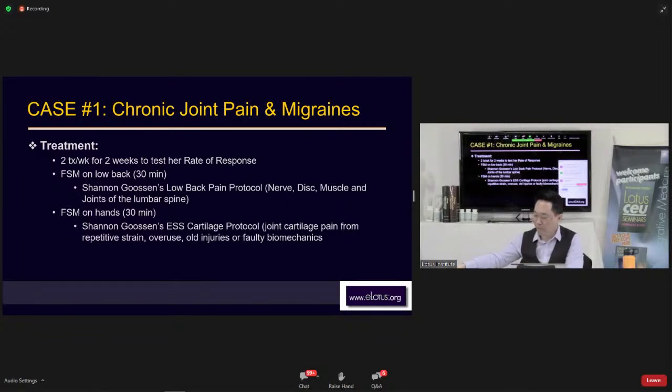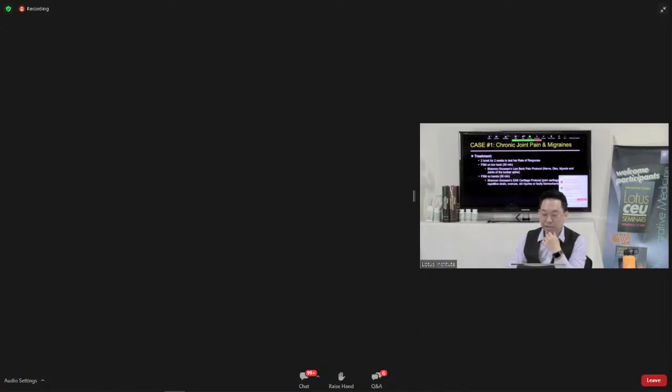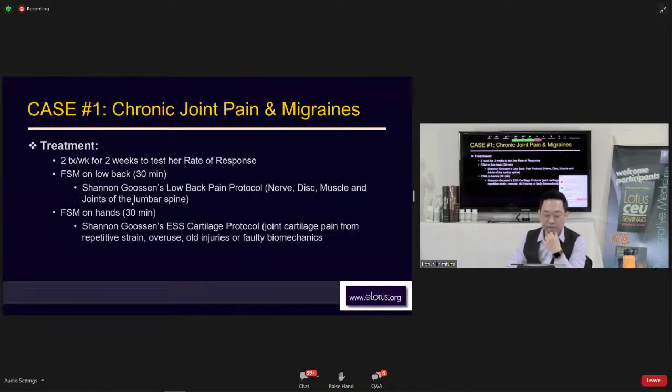And what do we do? What protocols did we use? So we used right here for 30 minutes on her lower back, Shannon's low back pain protocol, which focused on nerve, disc, muscle, and joints of the lumbar spine, right? And then on hands, we actually use her cartilage protocol, right?